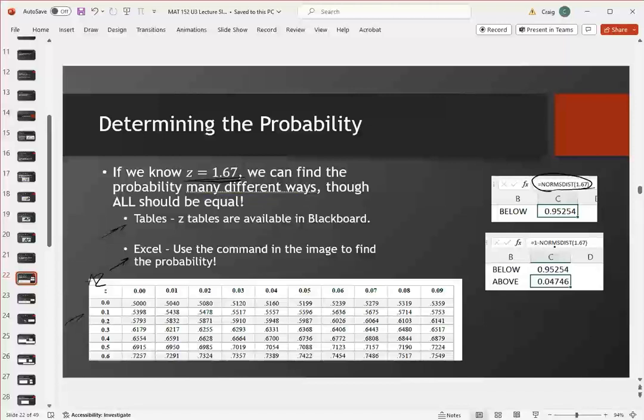It gives the probability to the left, or below. If you want to find the probability above, you just have to do 1 minus the value. It's the same command, it's just 1 minus. And you'll see some of this as we go through these examples.